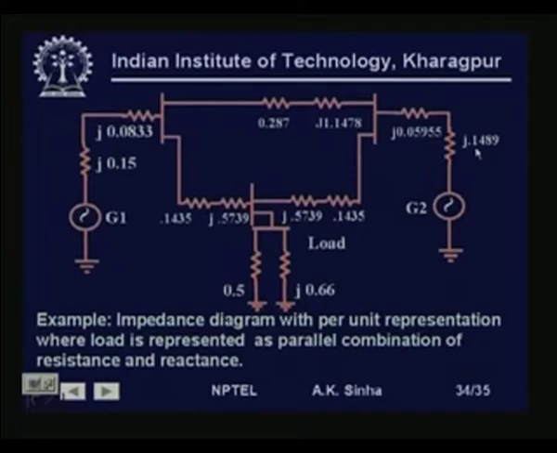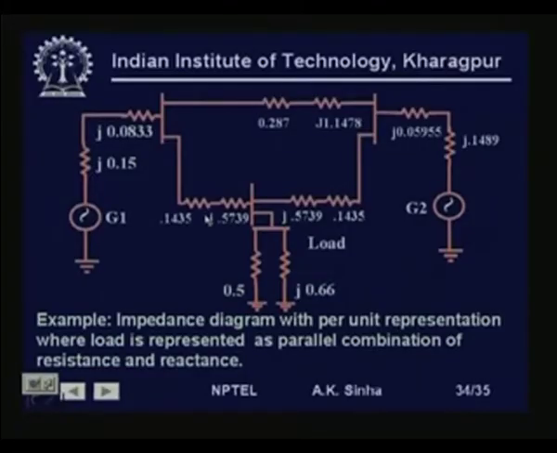All these are in per unit on 100 MVA base, and the voltage bases are the respective bases on the two sides of the transformer. So, using all these values, the transformers no longer exist in the system except for the leakage impedance part. The load here is shown as the parallel combination. Similarly, a series combination can also be shown.